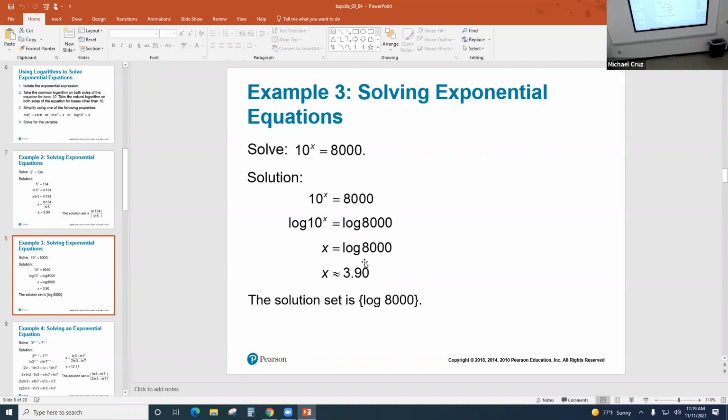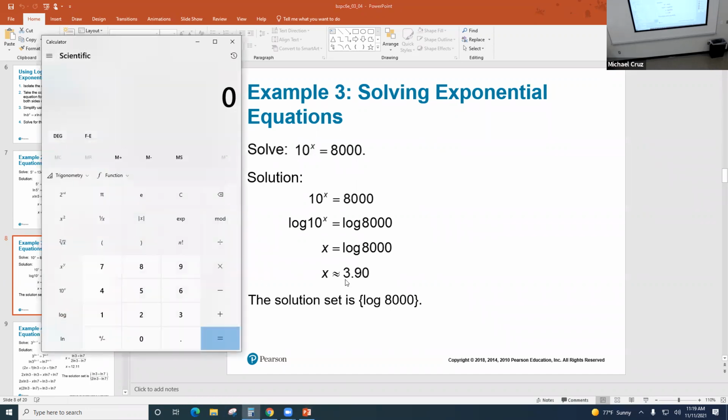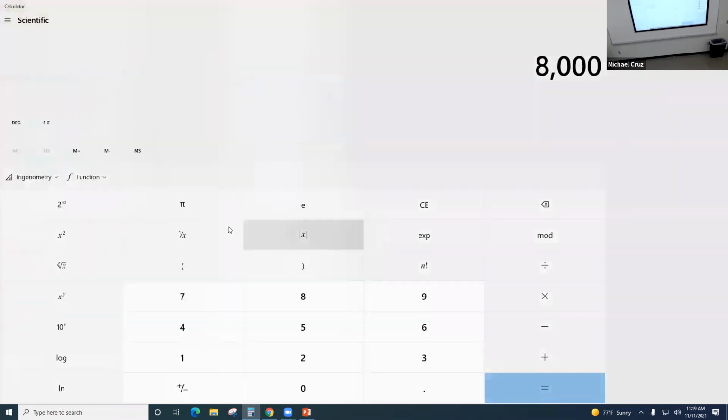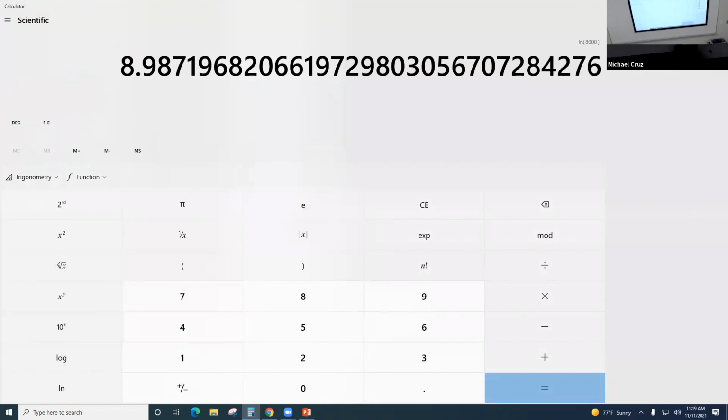So the solution is log of 8,000, about 3.9, and you can look it up. Just remember, the reason why they changed the squiggle there is because it just fills up your screen.